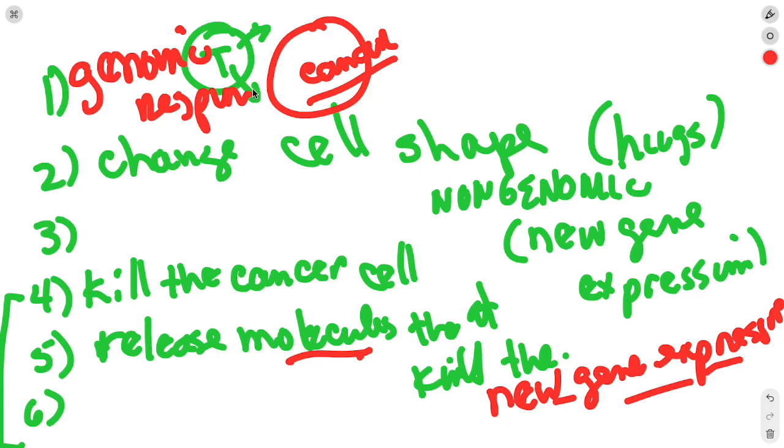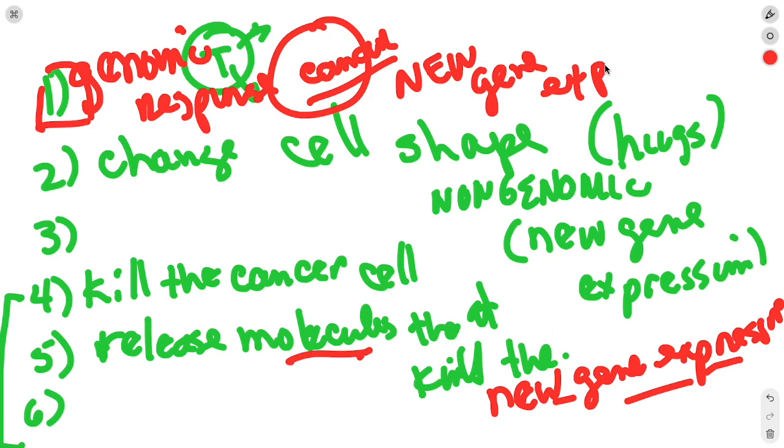The first thing we'd say is it's making a genomic response, and that's going to involve new gene expression, including activating the genes for the molecules that will be released from the T cell.